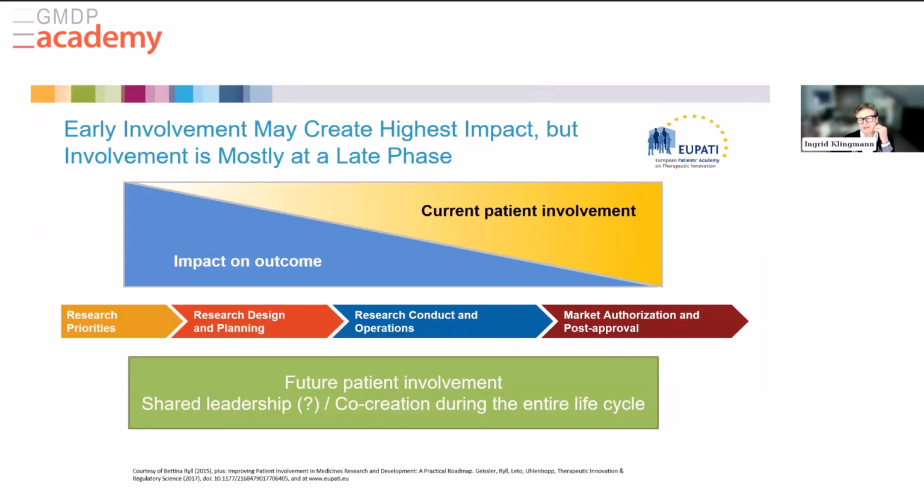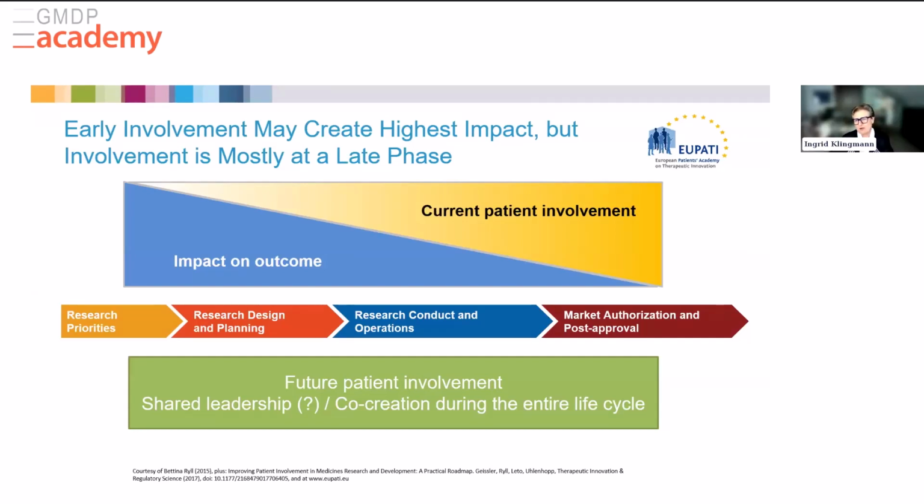And when talking about that area of involvement in all the medicine's development process, what the community has come up with is that the impact of the involvement is the bigger, the earlier the involvement of patients starts. But in reality, involvement of patients mostly happens towards the end of the development process, or on the level of a clinical trial that has already been decided on the design, and it is more about the informed consent process, or perhaps conditions during a clinical trial.